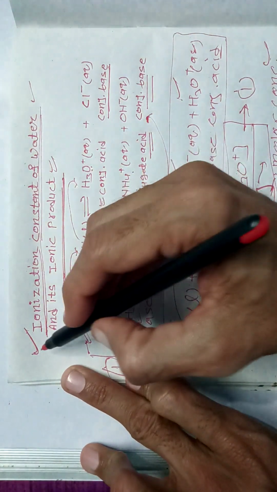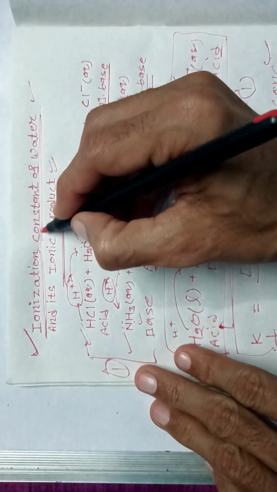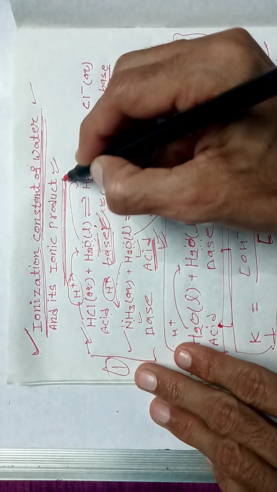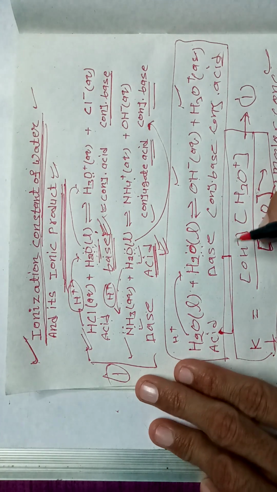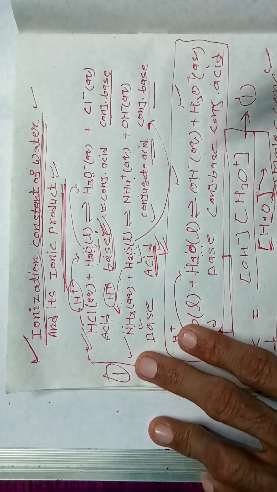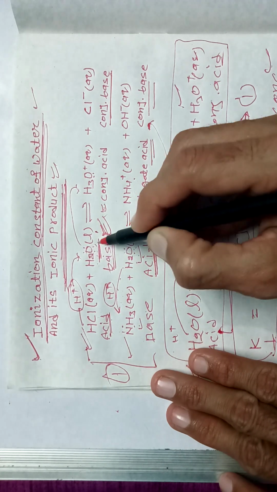Okay, class. So we can take our topic, that is ionization constant of water and ionic product. For this, we can consider a simple reaction between an acid HCl and water.